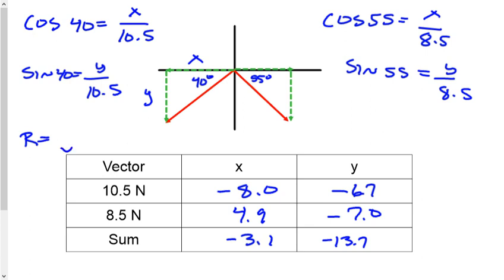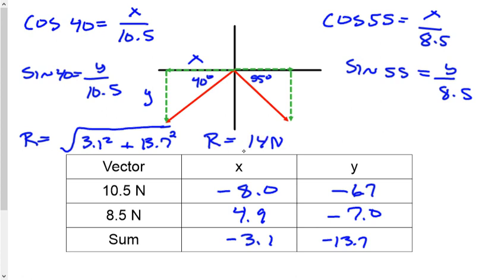That's going to equal the square root of 3.1 squared plus 13.7 squared. Notice how I'm not writing negatives in there. You could if you want to, but in your calculator you must put parentheses around the negative because we're actually squaring the whole number. I know they'll be positive when I'm done, so that's why I'm not writing it now. Then the resultant vector r is going to equal 14 newtons.